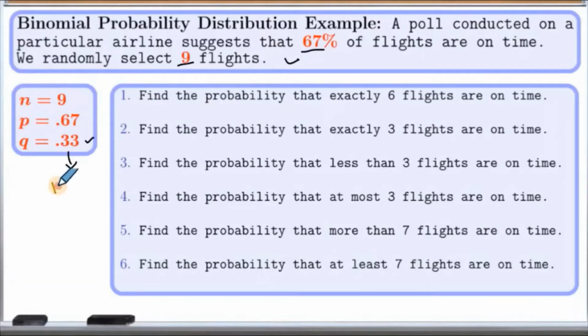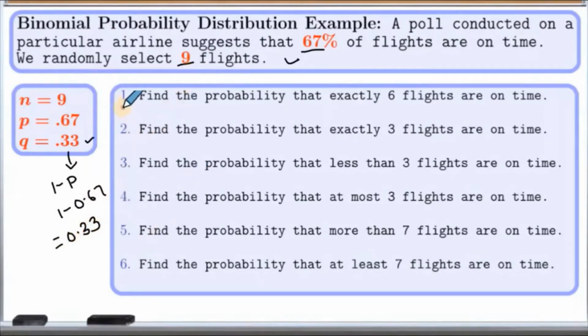Q is 1 minus P, so 1 minus 0.67 is 0.33. So there are 6 problems in total.